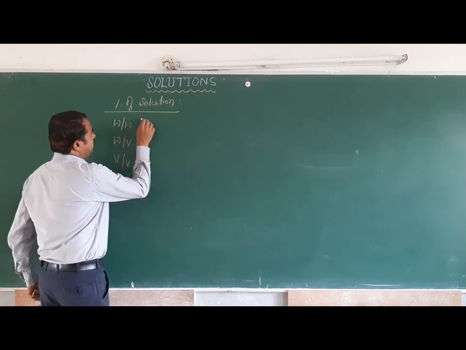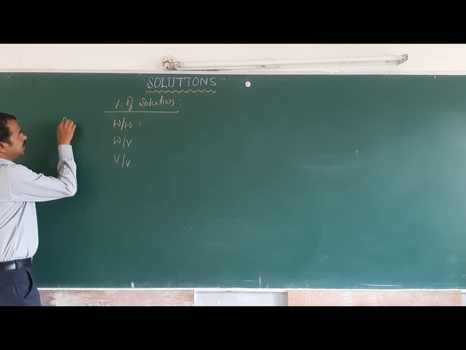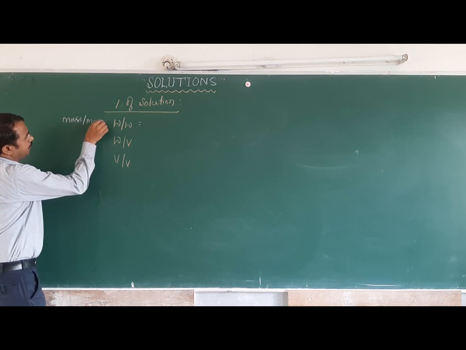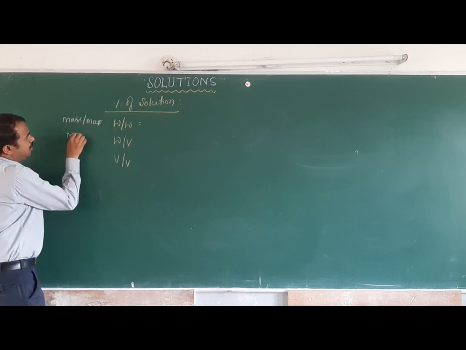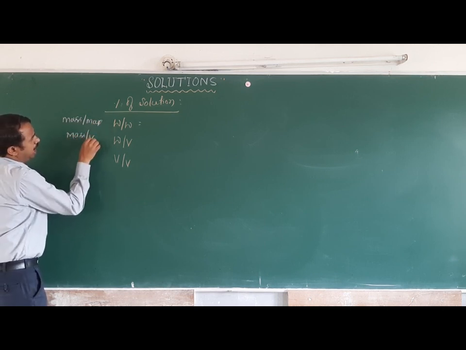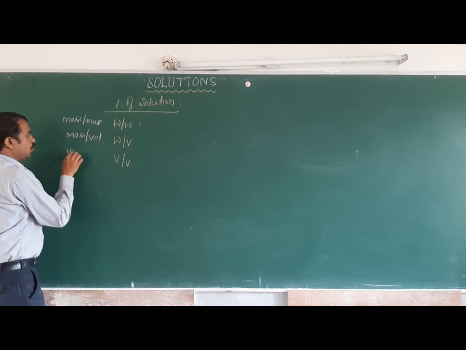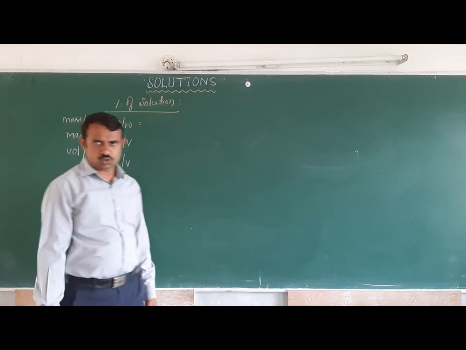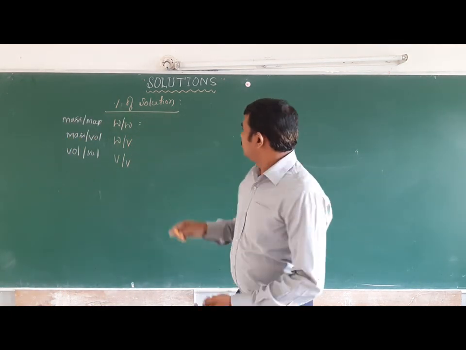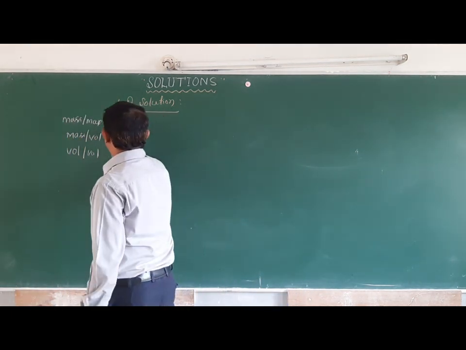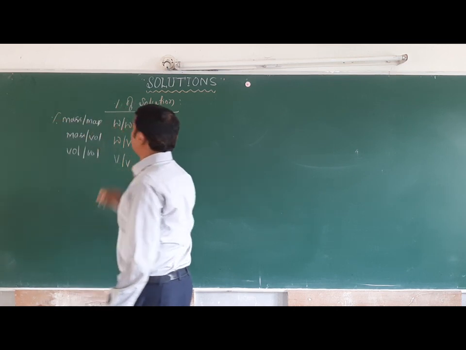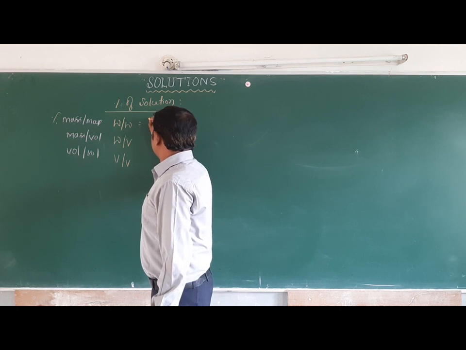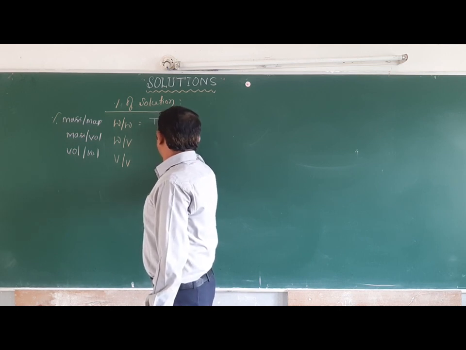Weight by weight we write as mass by mass, then mass by volume, then volume by volume.